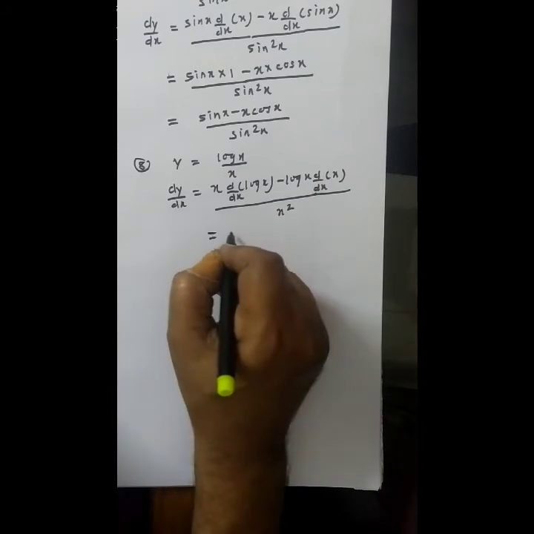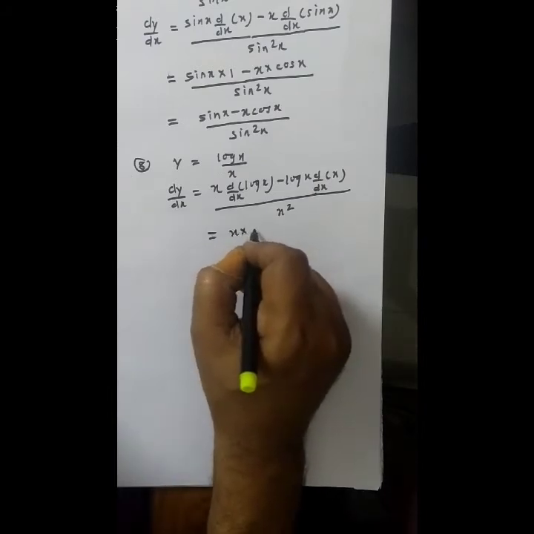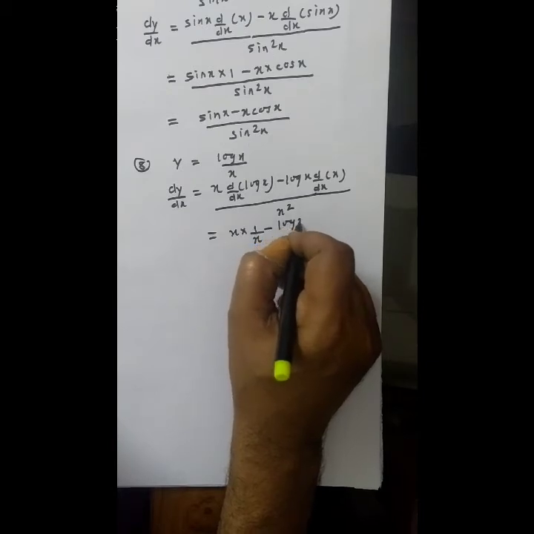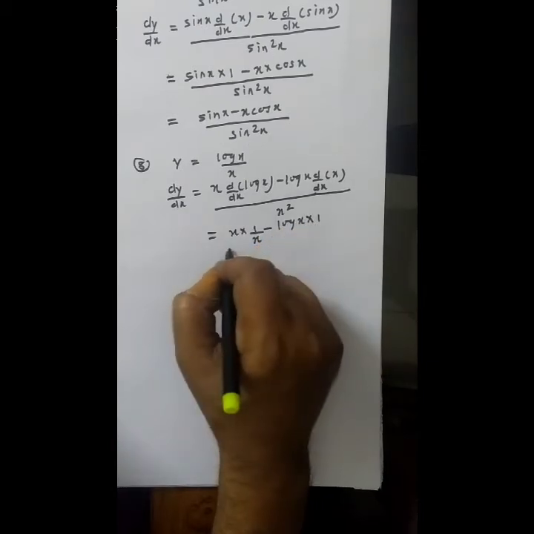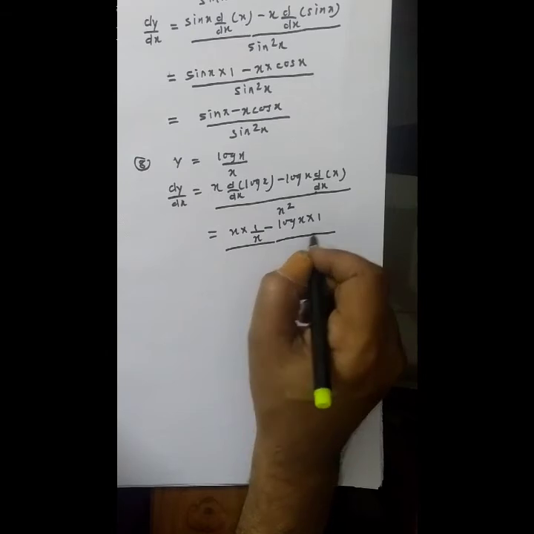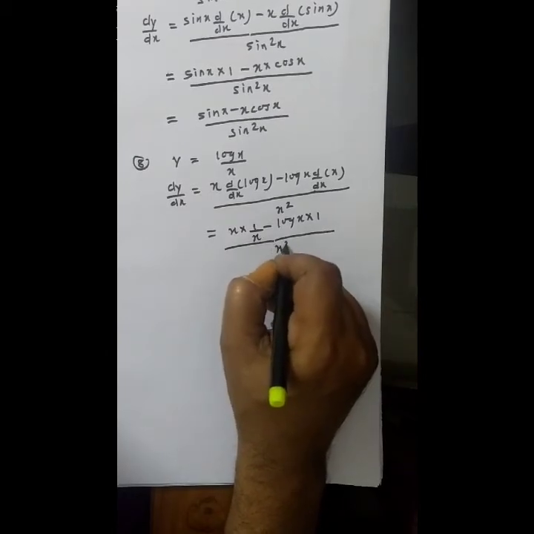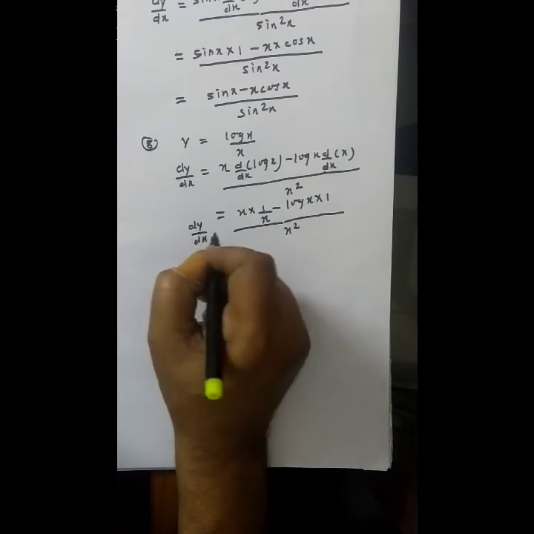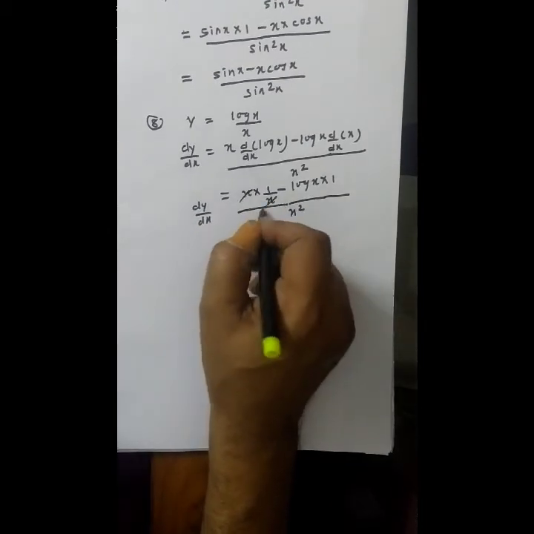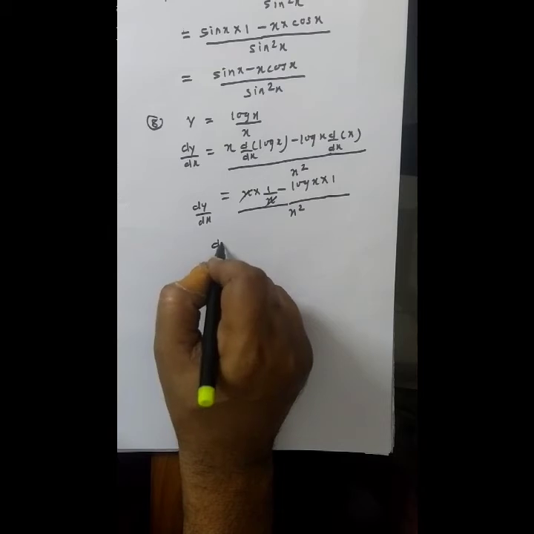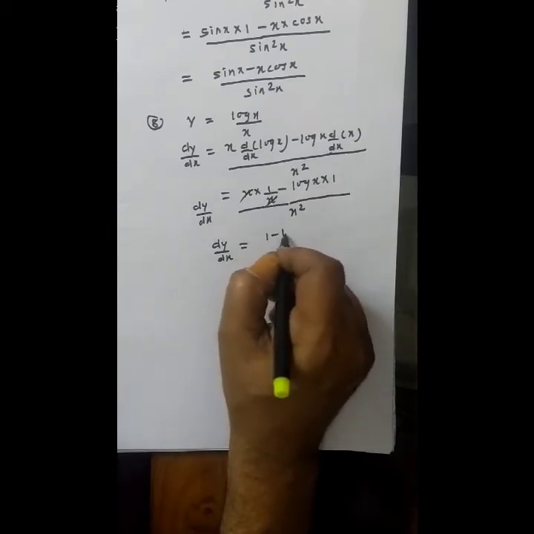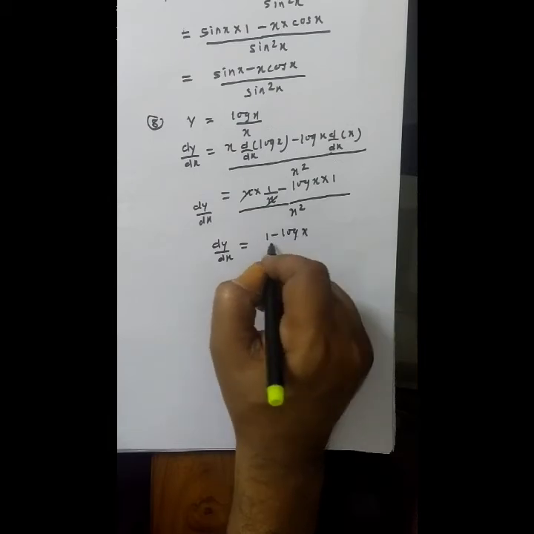So this will be x into derivative of log x is 1 by x, minus log x into derivative of x is 1, divided by x square. This is value of dy by dx. So if you simplify this, x will get cancelled. Dy by dx equals to 1 minus log x divided by x square.